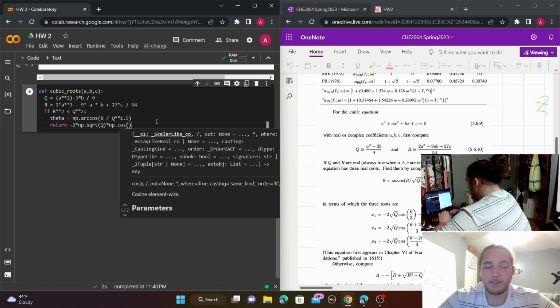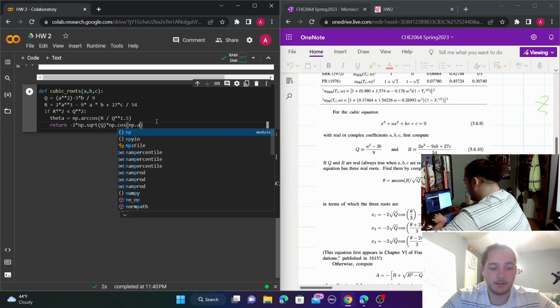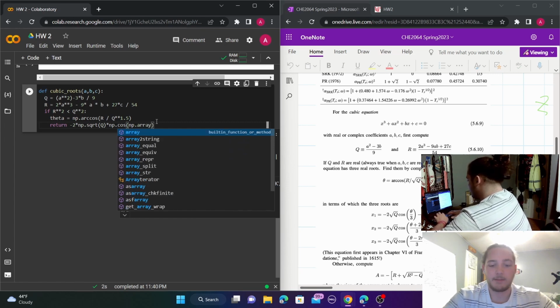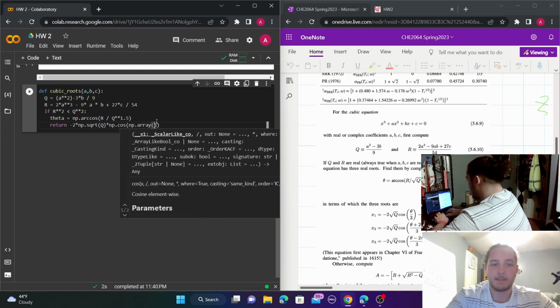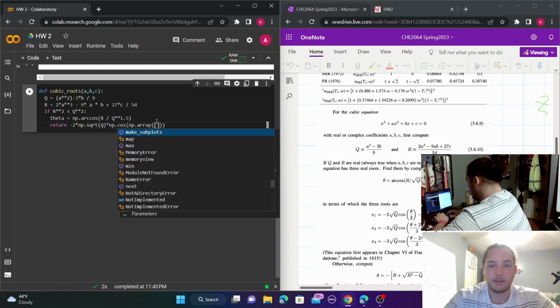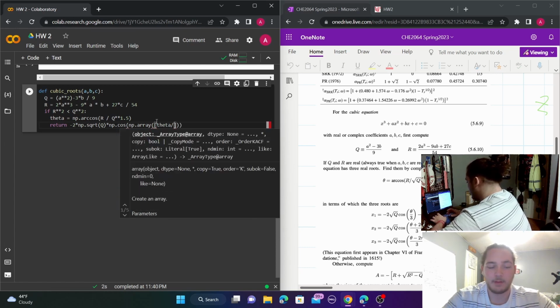And so we can do that by going np.array, and then we're going to go theta over 3, and that gives us our first term.